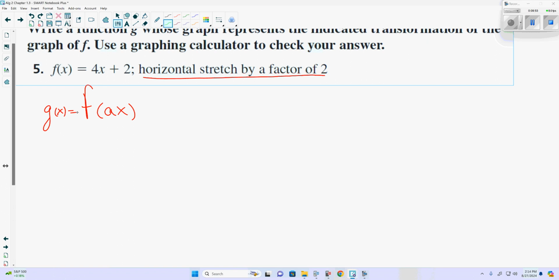Now, the factor of the horizontal stretch is given to us as 2. But before we can use it or find its value of a, we have to flip it. 1/2 would be our value of a. Horizontal stretch or shrink is the only one we have to actually do anything to, because left, right are horizontal translations.